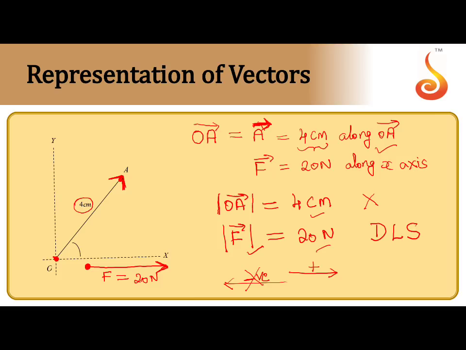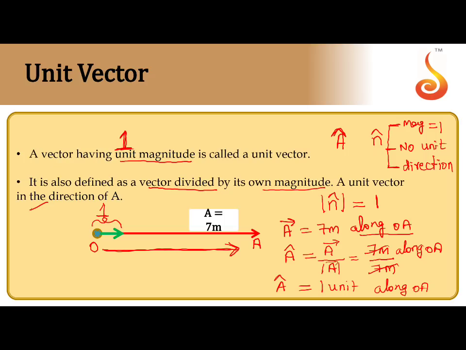So this vector has an initial point, terminal point. The length of the vector gives the magnitude, the arrow mark gives the direction. Whenever you want only the magnitude but not the direction, you write the modulus symbol. We spoke about unit vector. A unit vector is a vector whose magnitude is equal to 1.